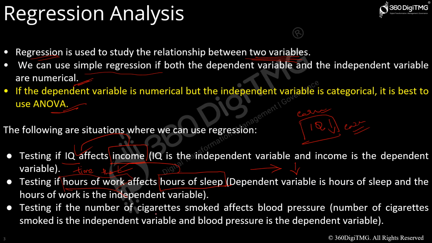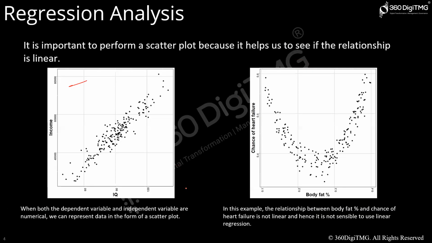So testing if the number of cigarettes smoked affects blood pressure. So number of cigarettes is an independent variable and blood pressure is the dependent variable. It is important to perform a scatter plot because it helps us to see if the relationship is linear.